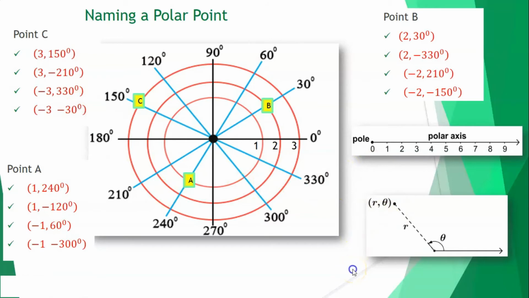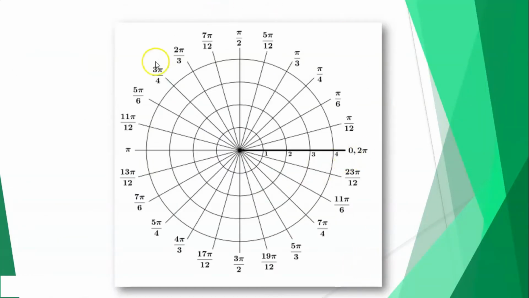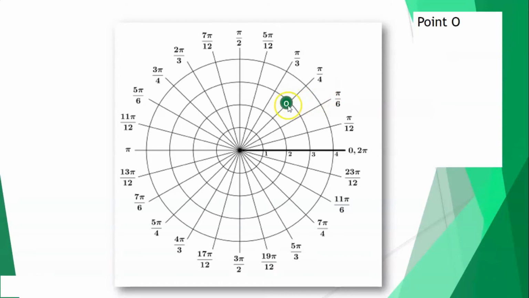Now, a polar grid could also have angle measures in radians. For example, I have here point O, and point O is located in the first quadrant, along radius 3. So with this it is (3, pi over 4).